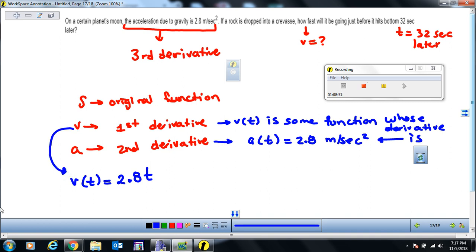The question is, if a rock is dropped into a crevasse, how fast will it be going just before it hits at 32 seconds? So what I have to do is find, and this is c, right? Because remember that every time you're finding the original function from a derivative, you want to put c. So v of 0, because the rock initially is going to be at rest.